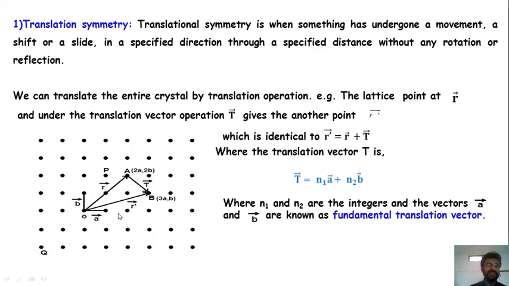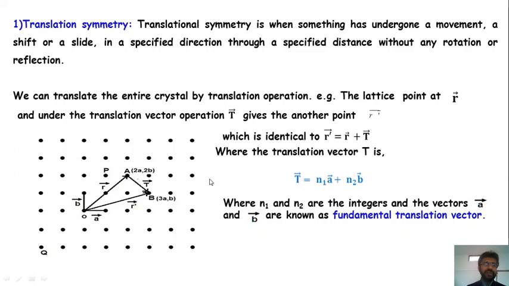If we connect the point A with respect to the origin, we get the position vector OA, represented by the vector R, and when we connect the point B with respect to the origin, the position vector OB is represented by vector R dash. Then as we go from point A to B, that translation is denoted by the translation vector T.